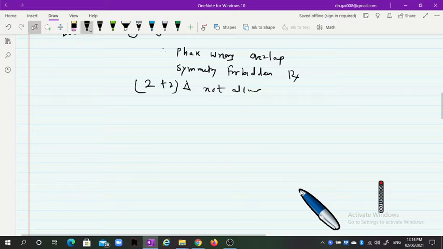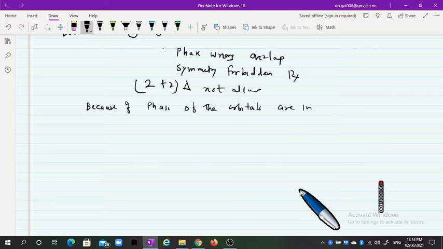We can write it another way: because the phases of the orbitals are incorrect for bonding. What is the meaning of that? There is no symmetry matching; the first orbital does not match with the second orbital.